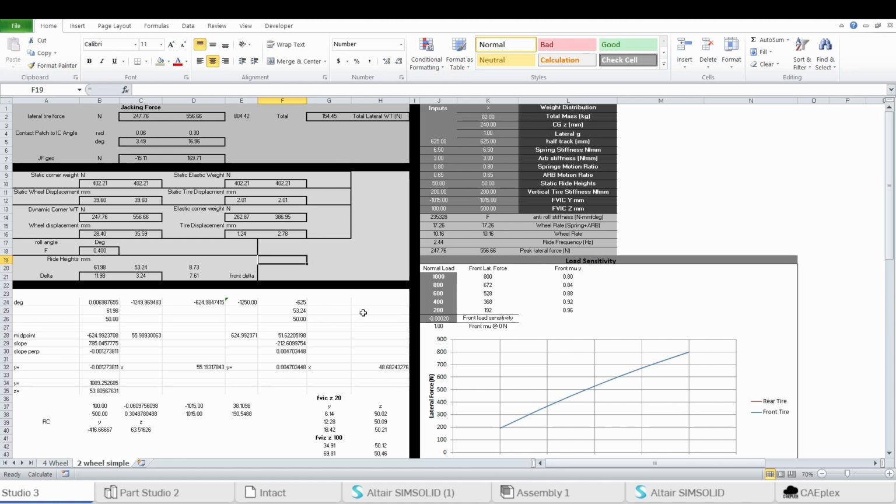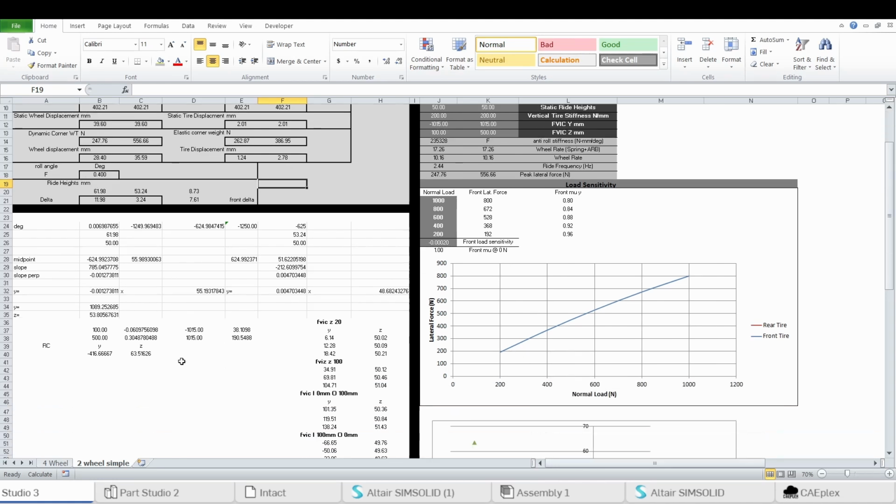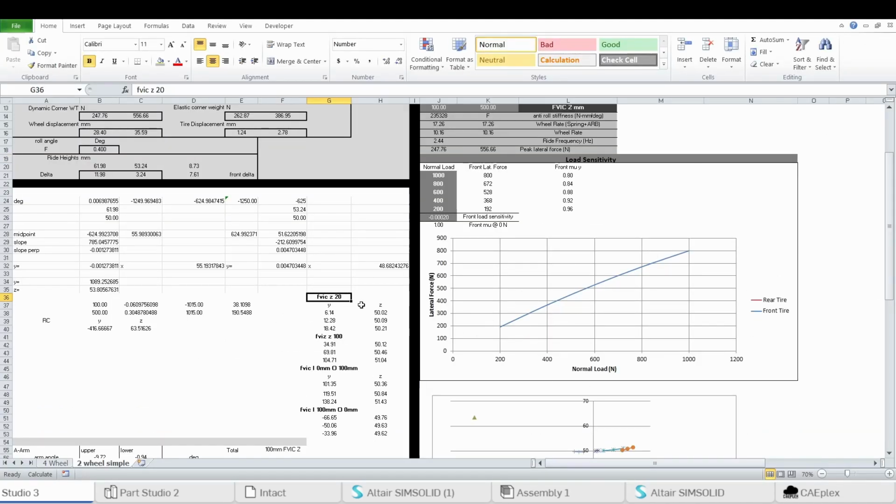So what I did here is I took different front view instant centers, the Z height, and then found at 0.5, 1, and 1.5 G's of lateral acceleration, how the actual point of rotation is moving about.